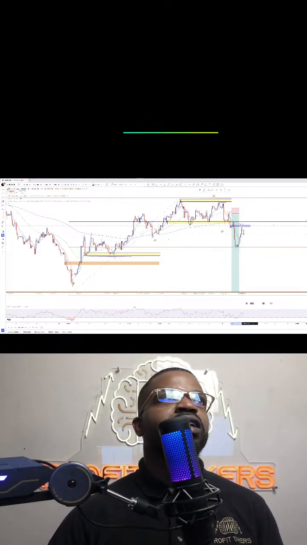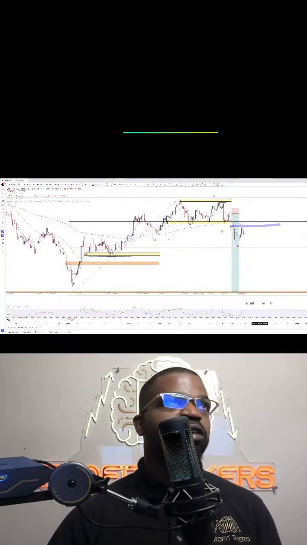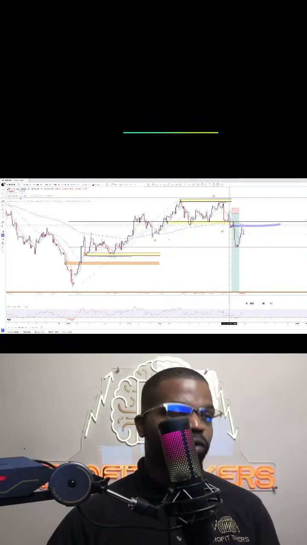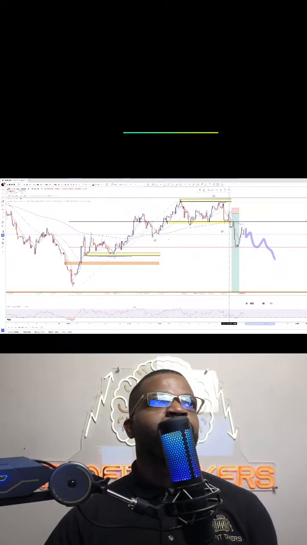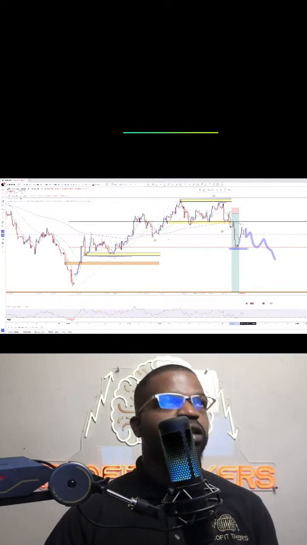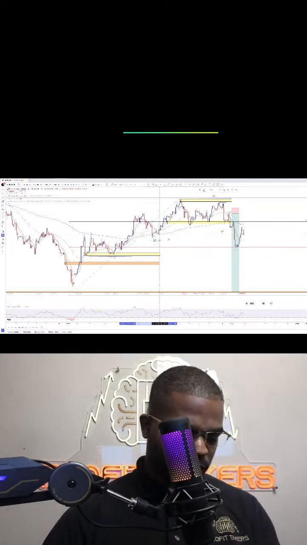So we want to see if this area of resistance will hold. If it does, we'll see a continuation in this downtrend, and we'll see price break beneath those lows to give us a continuation of this downtrend to hit the TP2.